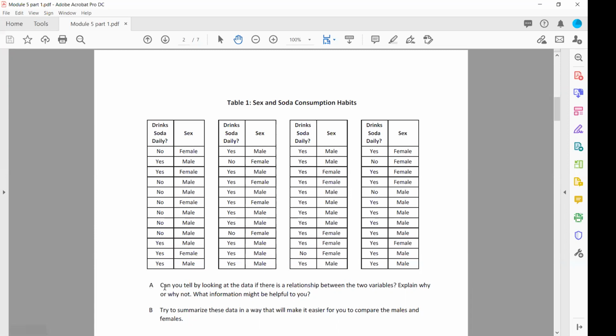Very well. Can you tell by looking at the data if there is a relationship between the two variables? B, try to summarize these data in a way that will make it easier for you to compare the males and females.